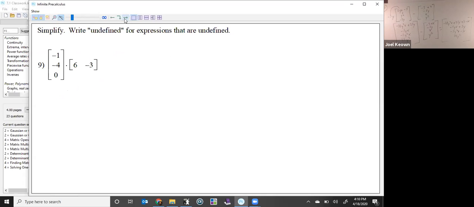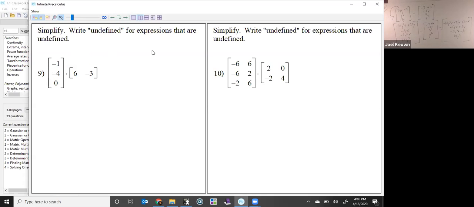All right, and then we move on to matrix multiplication. I'm going to switch to one. Now let's do both. Okay, so I'm going to write them both out on my paper. And then I'm going to move my screen off so you can see the paper full screen. So number 9, -1, -4, 0, 6, -3.